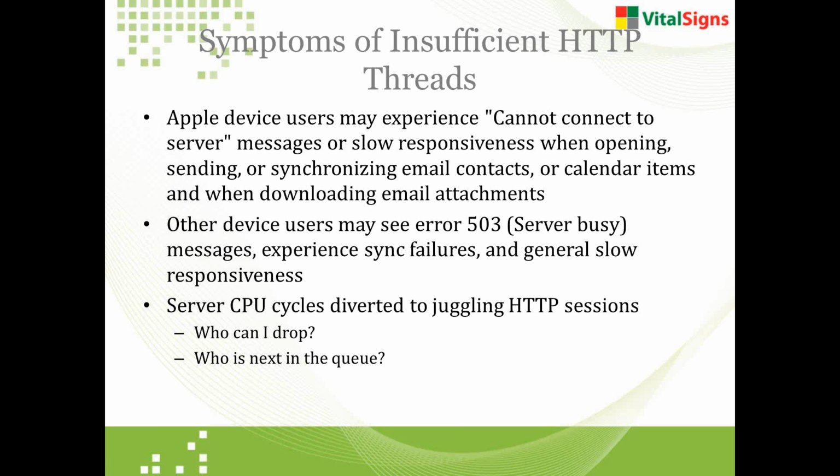So it's like, okay, I have 500 requests and I have 400 threads, so who can I drop? Who's the one that's been waiting the longest, I'm going to service that person next, or who's been on the longest that I can drop comfortably or has been inactive, who's next in the queue. And as the problem gets worse, the CPU gets increasingly diverted over to that, and it gets slower and slower.